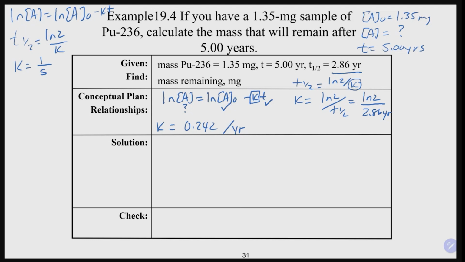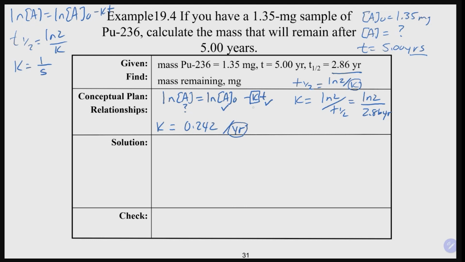This is also where we want to make sure that our time, which is in years, and our decay constant, which is also in years, are in the same units. It's very common that they are in different units of time, so you have to do some type of conversion. In this case, we don't have to because they are both in years. So now we have everything we need.